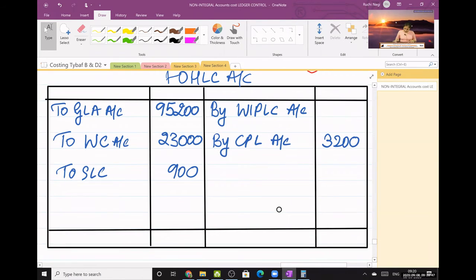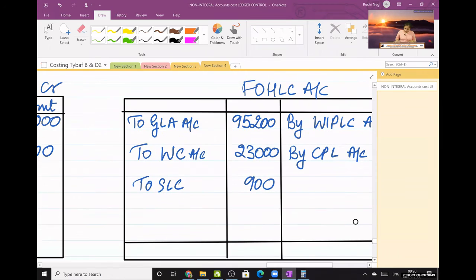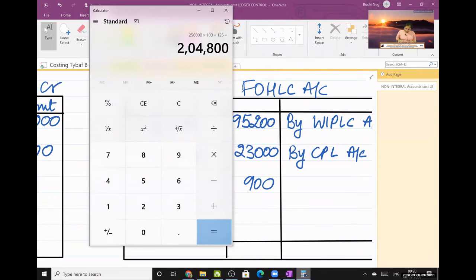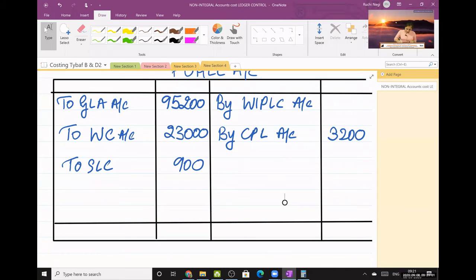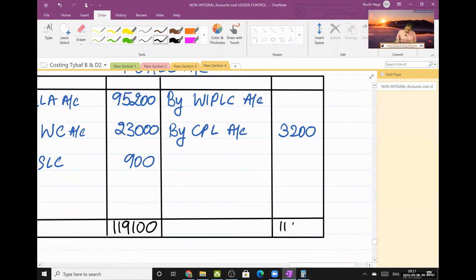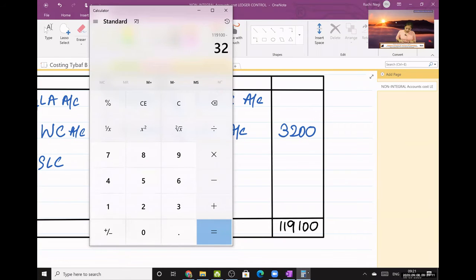Start. FOH: 95,200 plus 23,000 plus 900. How much is that? 1,19,100. So here 1,19,100. 1,19,100 minus 3,200 is 1,15,900.